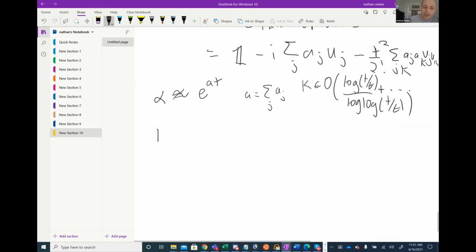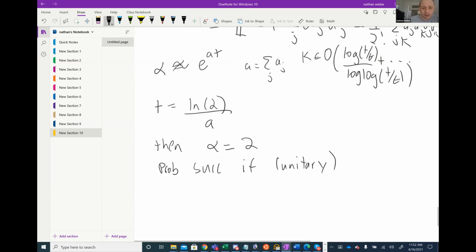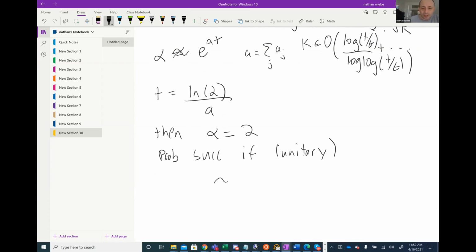However, if we end up picking t equal to ln 2 over A, then alpha is equal to 2. And if you recall, our probability of success, if unitary, and this matrix that we're applying is going to be approximately unitary, will now be approximately 1 over alpha squared, which is 1/4.